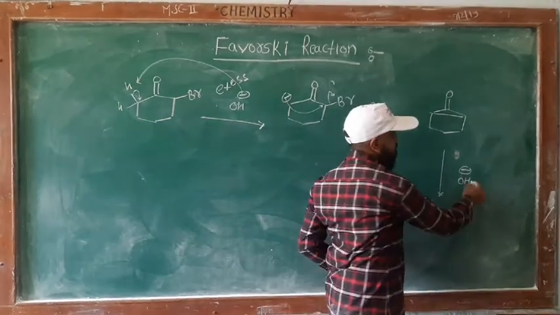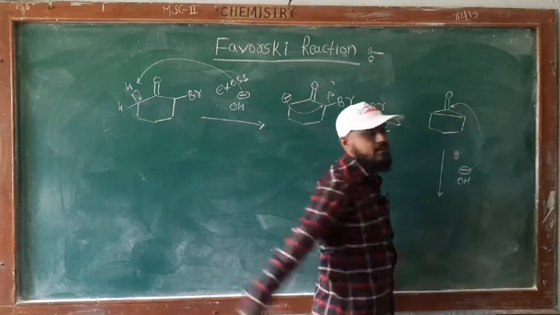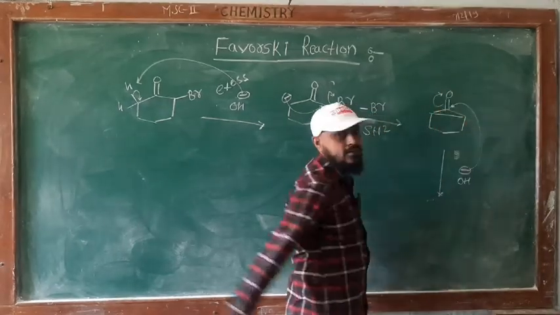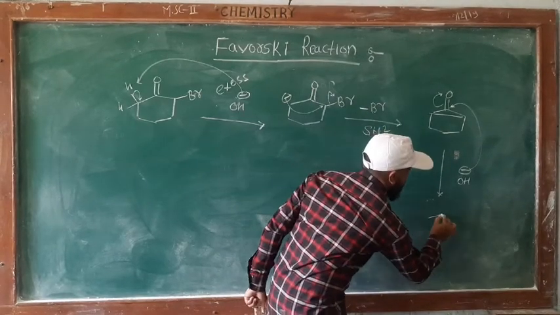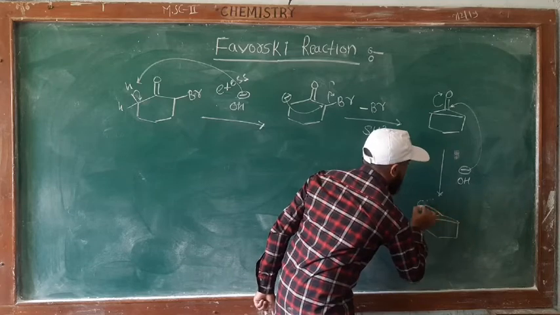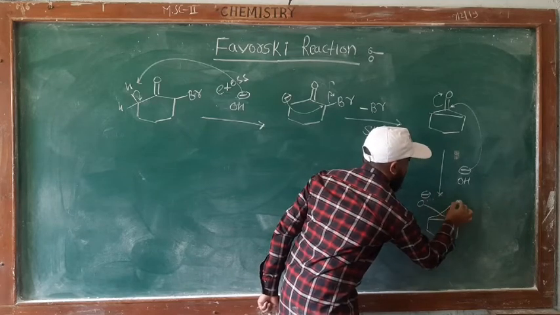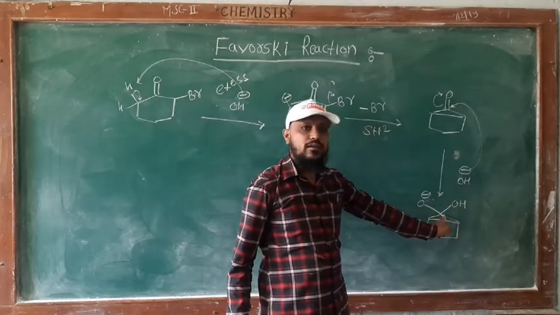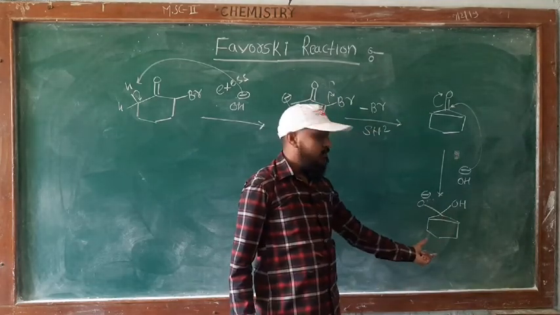This nucleophile attacks the electrophilic carbon of the carbonyl, so the pi bond shifts toward the oxygen and we get this intermediate. Now look here, this oxygen bears a negative charge and an OH group is attached to this carbon atom.